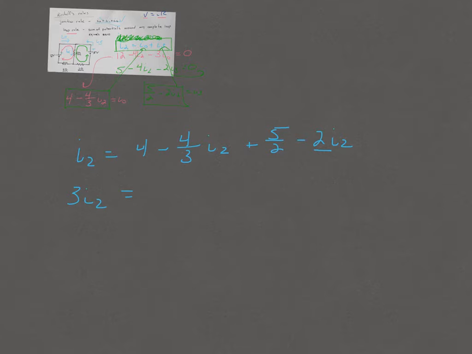And I'm going to be left with 8 over 2, which is the 4, plus 5, which is going to be 13 over 2, minus 4/3 I2. Now I have to bring the 4/3 I2 over. That's going to equal 13 over 2.